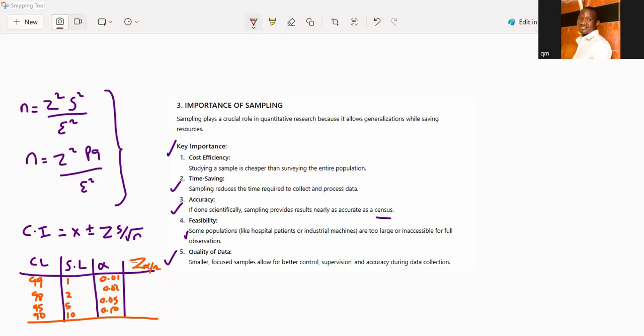Okay, so I hope you remember how these tables are read. These are statistical tables, the Z tables.